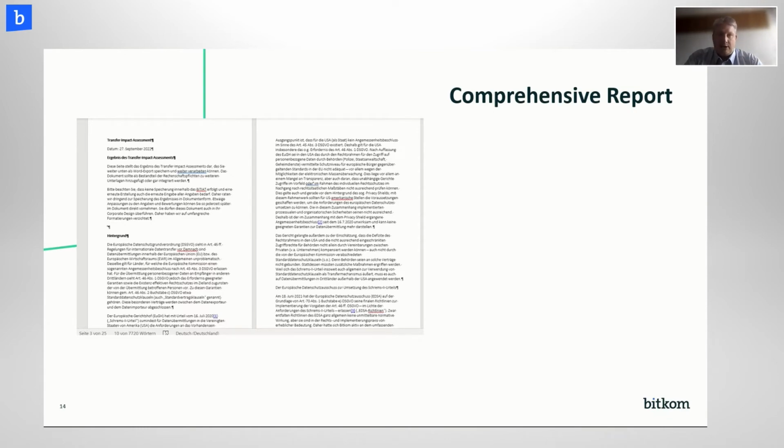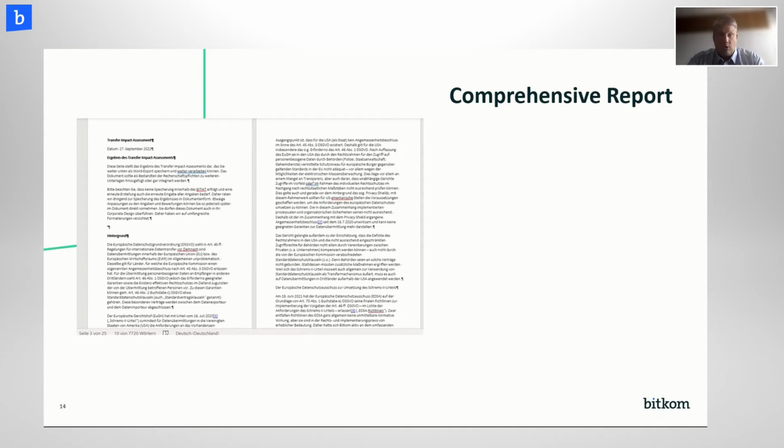We can, however, and we do, explain the general concepts behind these requirements, because if the data exporter does not understand them, it will be very difficult for them to understand, are certain measures going to be effective? Is a certain risk actually going to materialize? Is it going to be necessary? Is it even going to be possible to have certain additional measures?